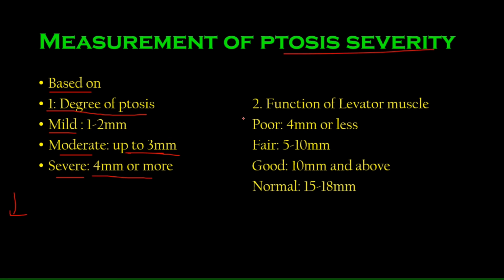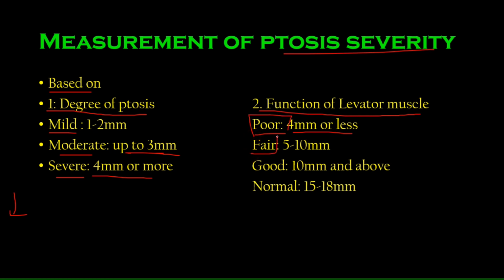And the measurement of ptosis can also be done by comparing it with the function of the levator muscle, right? If the levator muscle can pull up the eyelid from the closed position 4 millimeters or less, they have a poor function of the levator muscle.